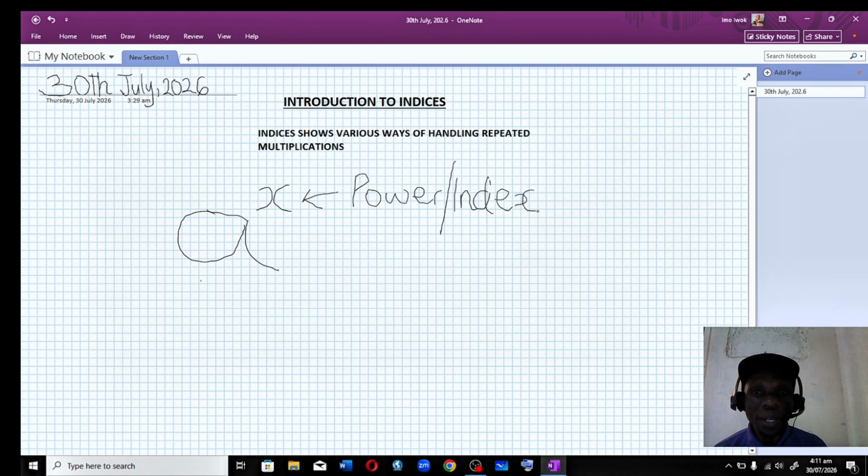Okay, we have index, and if it is more than one, the plural form of index is indices, which is the reason why we have this topic. But if it is just one power, we call it index. If you still don't want to call it index, you can call it exponent. Generally, writing numbers in this way we call exponentiation.